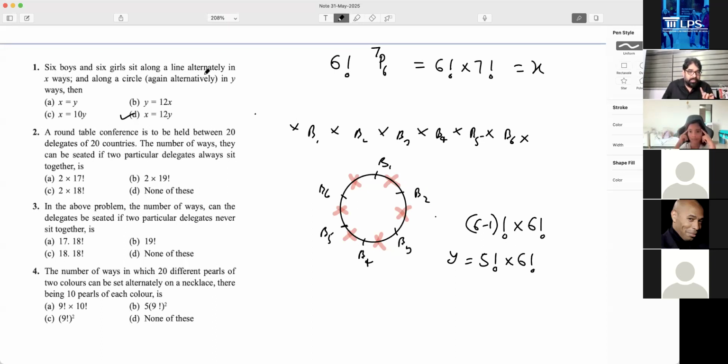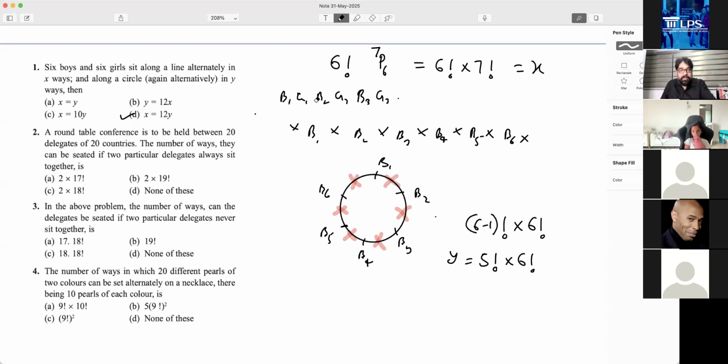6 boys and 6 girls sit along a line alternately in X ways. There is a small issue. They are not saying which has to start. Maybe I did it by the boys, but it may start with the girl also. One by one has to sit down. So B1, then G1, then B2, then G2, then B3, then G3, like that, it has to be seated in the line.